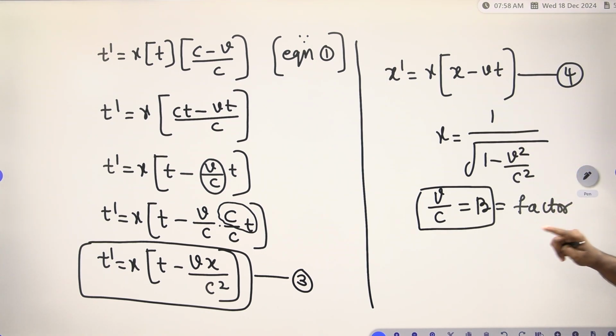Now, based on equations 3 and 4, we derive the Lorentz transformation equations.